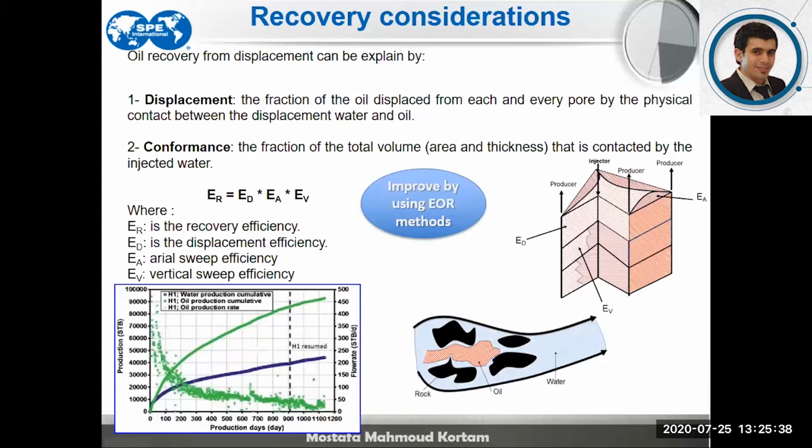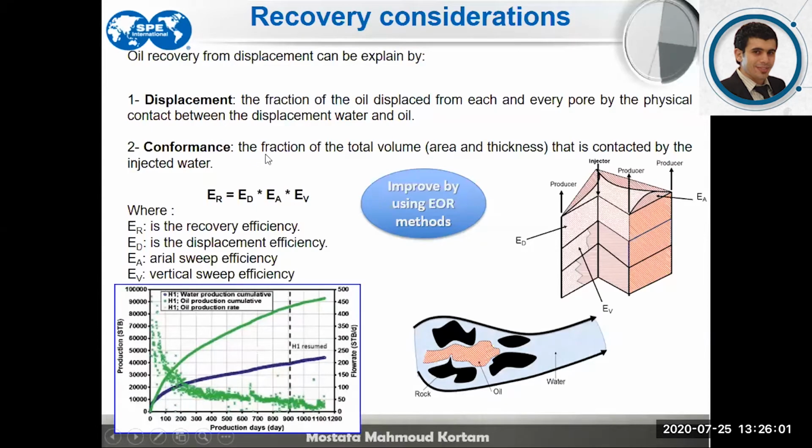As we addressed before, the main reason for having this situation and the practical characterization is attributed to the efficiency of the water injection. So it's all about the efficiency. Such an issue comprises two parts, the displacement part and the conformance or the volumetric sweep part.